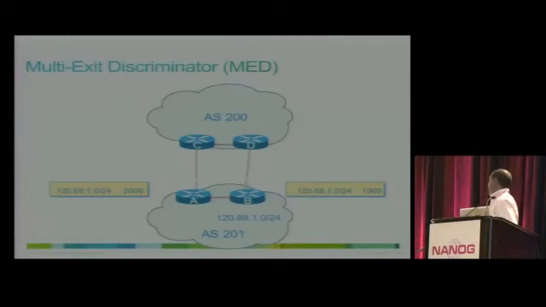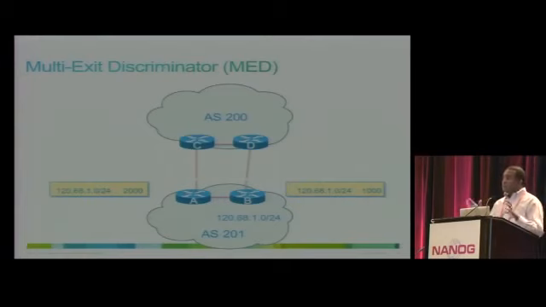Again, obviously, the upper AS200 can decide to change that policy using local preference. And local preference has a higher influence than multi-exit discriminator, and we'll see that later on. But obviously, when you do this, the two service providers have to have an agreement.